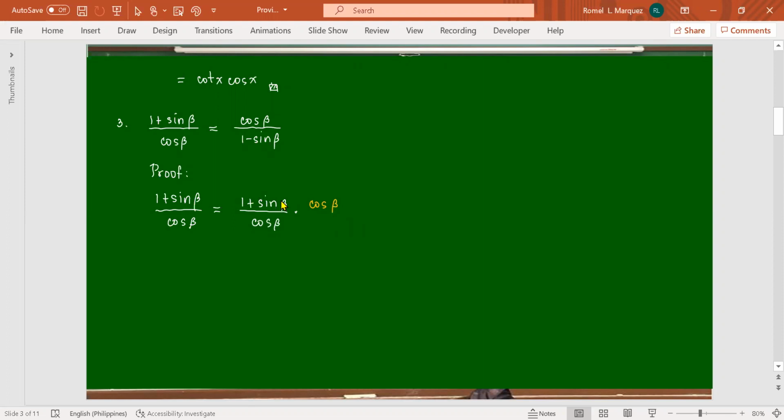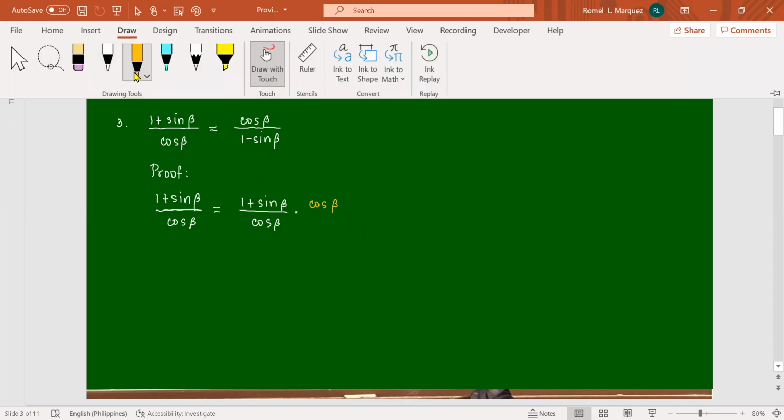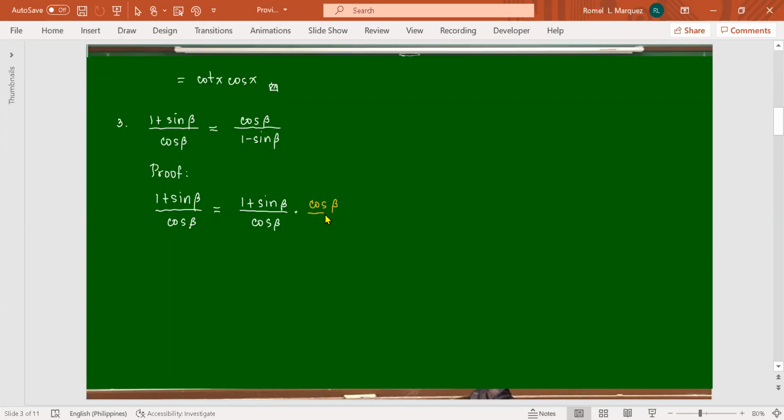If I multiply the numerator by cosine beta, I am changing the value of this original quotient, or fraction. So so that there will be no violation in algebra, I have to multiply also the denominator by cosine beta, right? So this is equal to 1. Of course, we assume that there is no beta that will make cosine beta equal to 0, okay? So cosine beta is non-zero, okay?